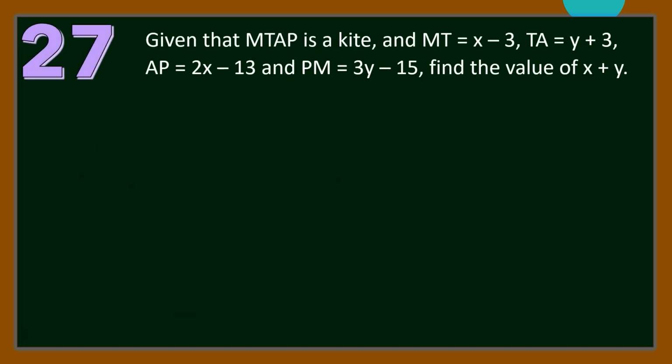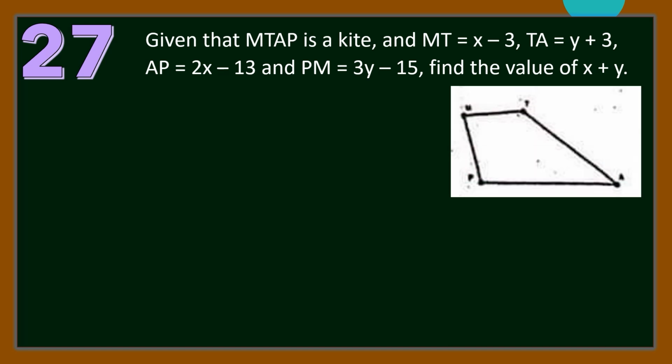Number 27. Given that MTAP is a kite and MT is equal to x minus 3, TA equals y plus 3, AP equals 2x minus 13, and PM is equal to 3y minus 15, find the value of x plus y.